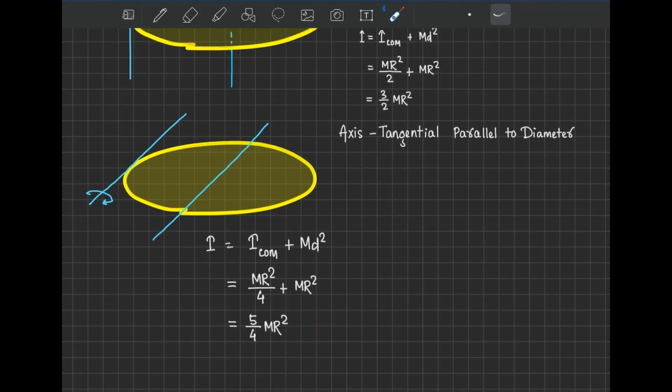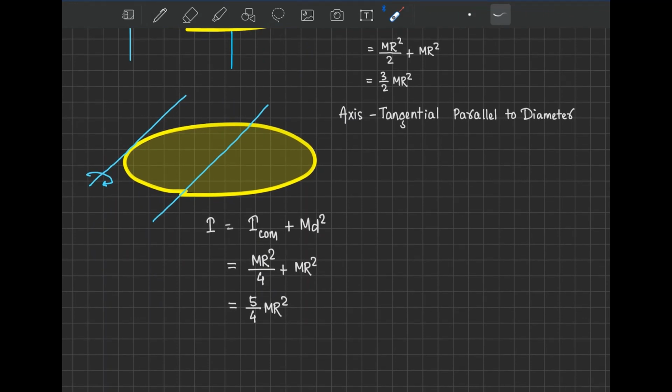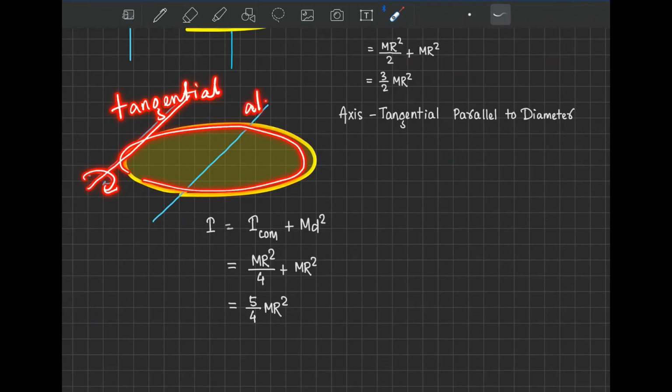Now another case. Here we need to find the moment of inertia of the same disk, but the axis is like this. It is again a tangential axis, but this axis is along the plane of the disk. This means it must be parallel to a diameter.